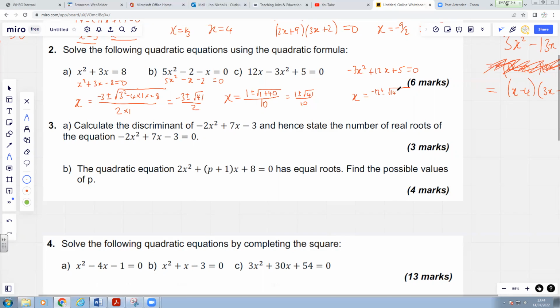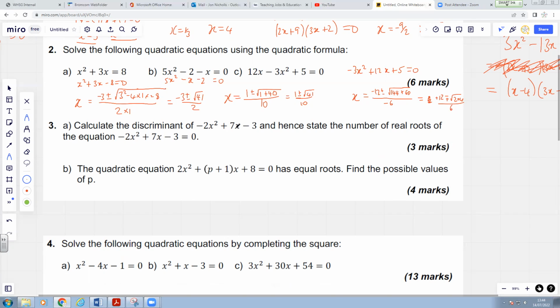We're going to be adding again here, because we're going to have minus 4 times minus 3, which is 12, times 5, which is 60, over 2a, which is minus 6. You can cancel that down a little bit, and make that 2. Well, let's actually make this positive 12 if you like, plus or minus, minus or plus if you like. I've changed the sign there, I've changed the sign there, and that's going to be root 204. I don't know if they wanted to cancel it down. They didn't mention anything about it, so I think I'll leave my answer like that.